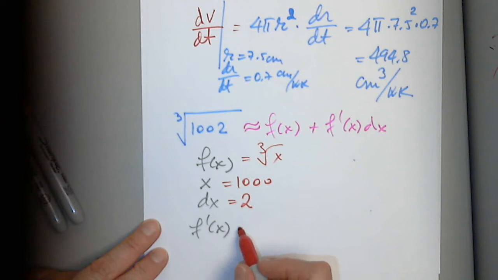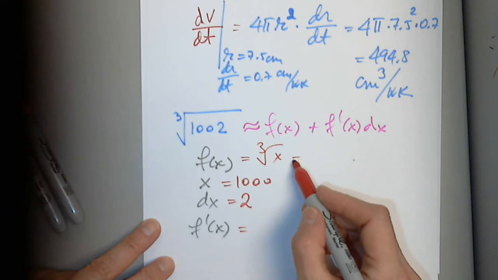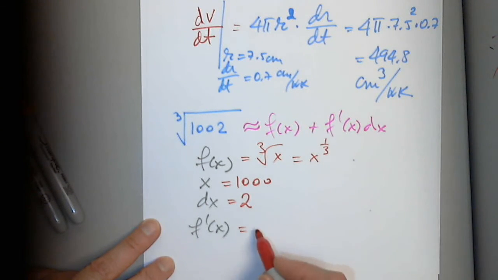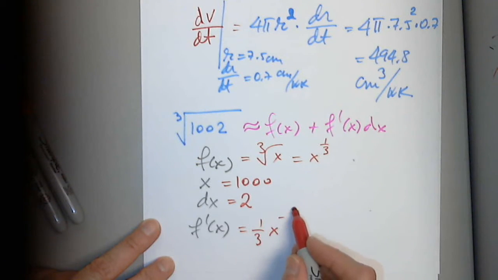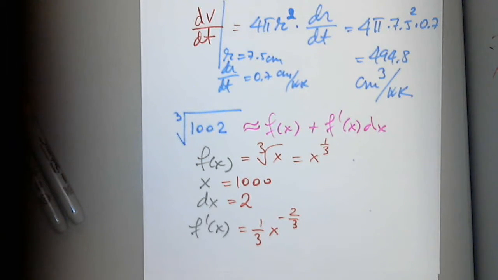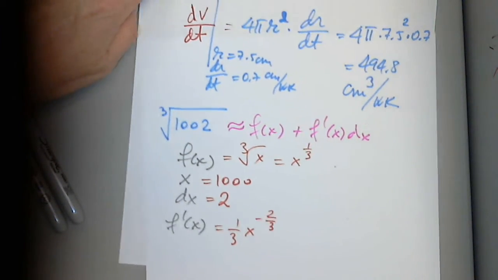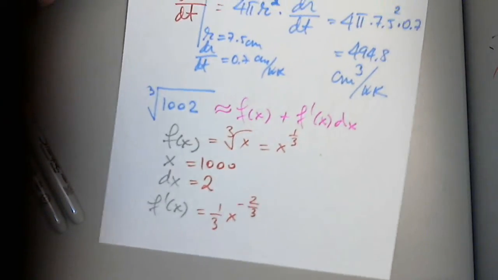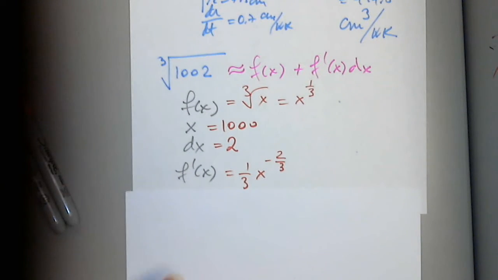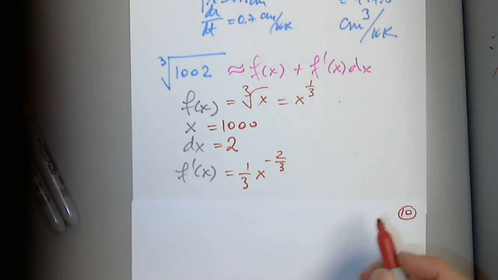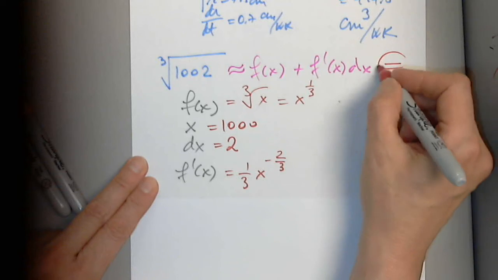That's it. So then the derivative is going to be, remember this is x to 1/3, so this is 1/3 x to negative 2/3. We have all the pieces, we just have to put them together. And that is it. So this now I can write equals.